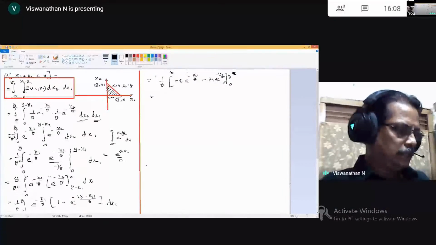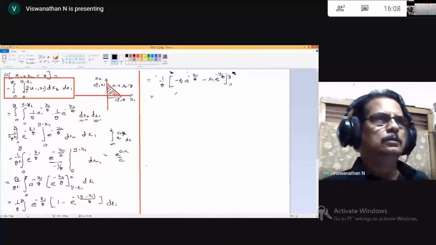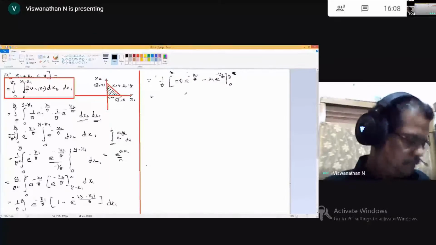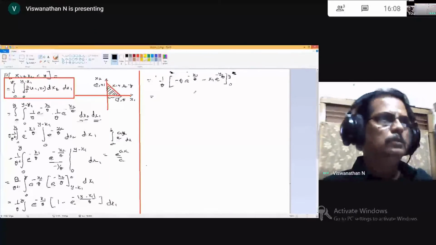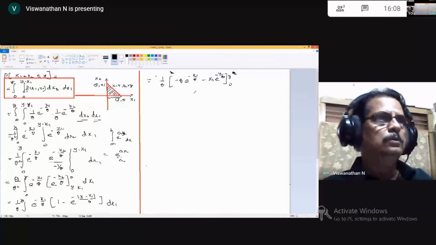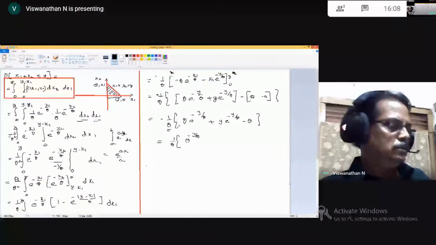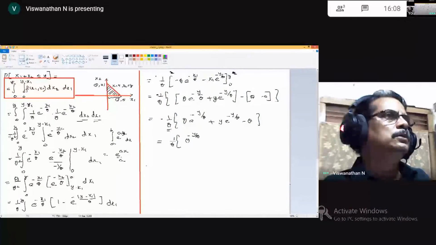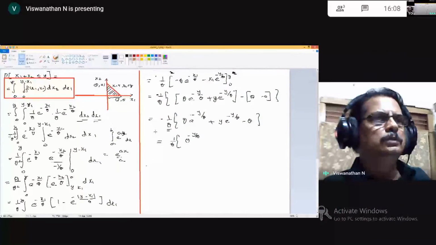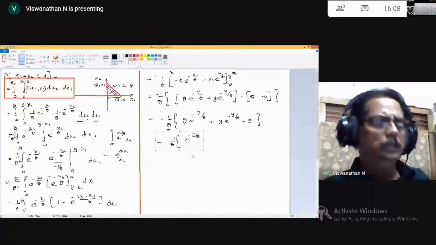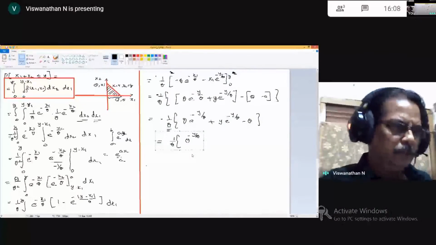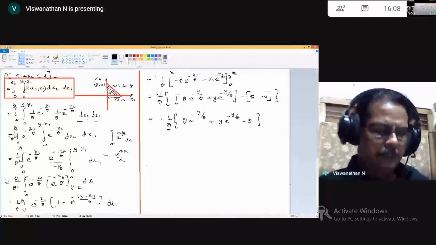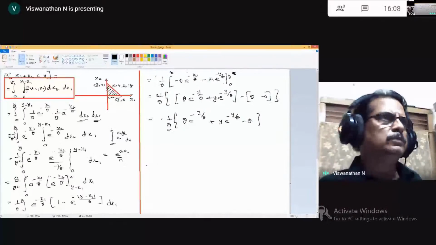So now I can directly put this integration. I will remove only the last part. The sign that we have taken outside will create some problem.